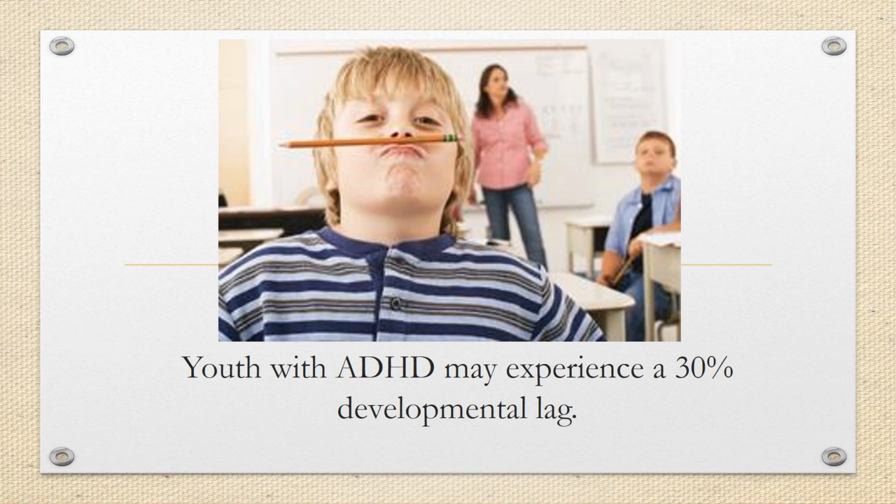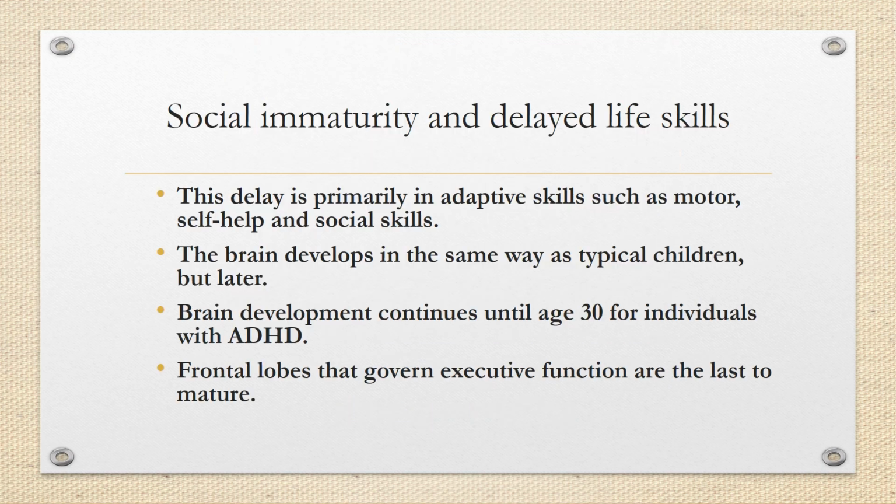Overall, kids with ADHD, because of slower brain development, may experience a 30% developmental lag. And this is primarily in areas such as adaptive skills like motor, self-help, and social skills.